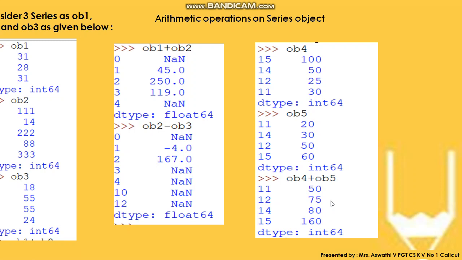I hope you understood how arithmetic operations are done. The output index values will be a collection of both index values. It will be a union of the index of OB2 and OB3 in this case. All the index values available will come in the output. Hope this is clear.